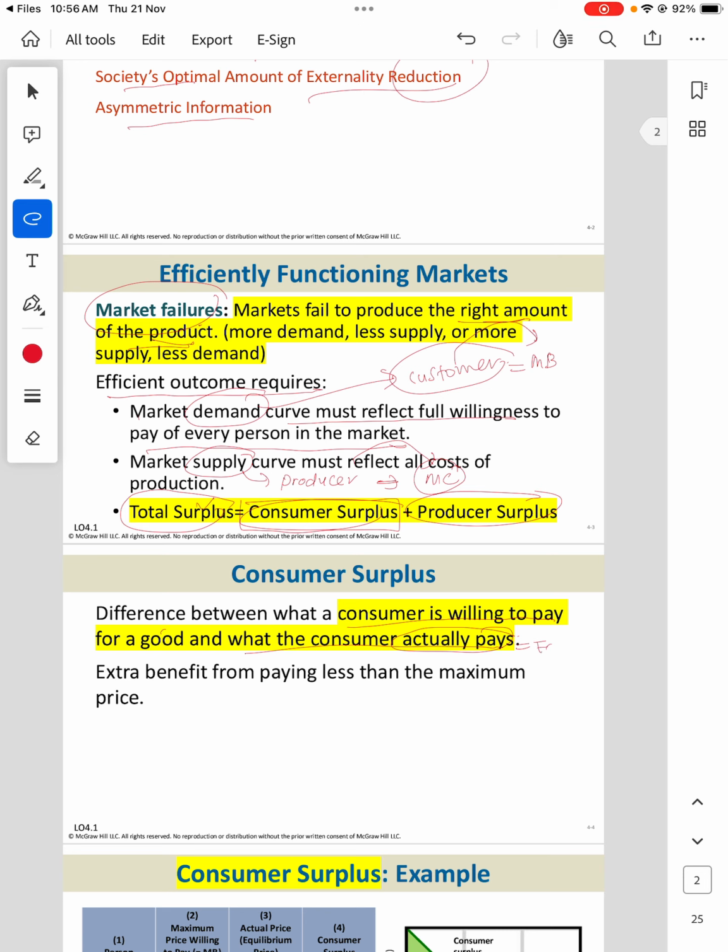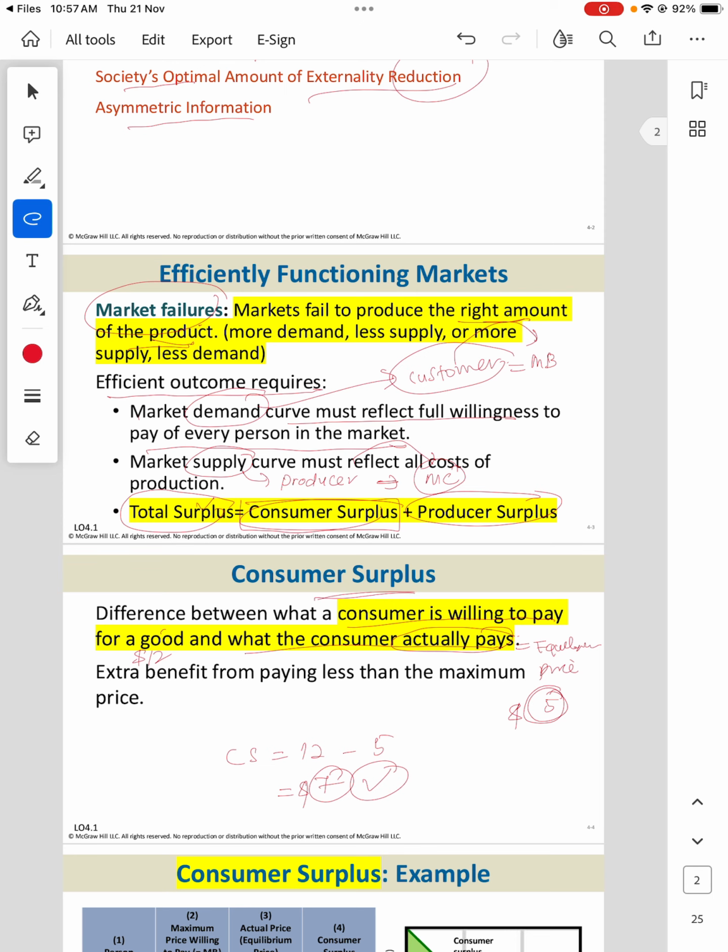For example, the equilibrium price is $5. The consumer is willing to pay, for example, $12 for that good, but the actual price of the product is only $5. So here, consumer surplus is 12 minus 5 equal to 7. So this $7 is considered as the consumer surplus.